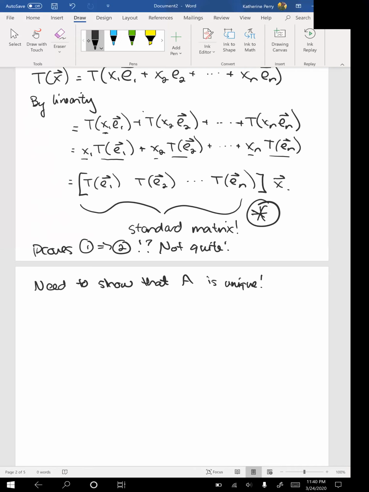But if we actually want to believe that what we're doing is creating the only matrix, we need to prove this property of uniqueness.